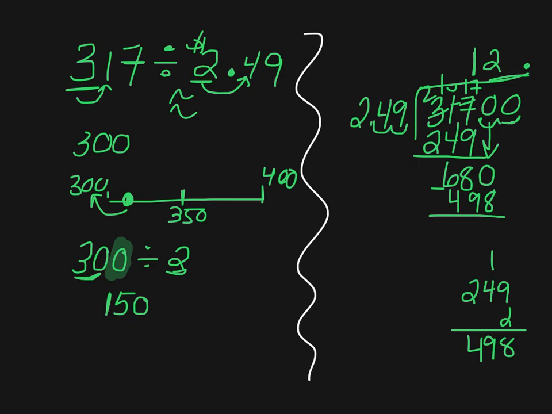Subtract. Check, 182 is definitely less than 249. Let's bring down my last 0.